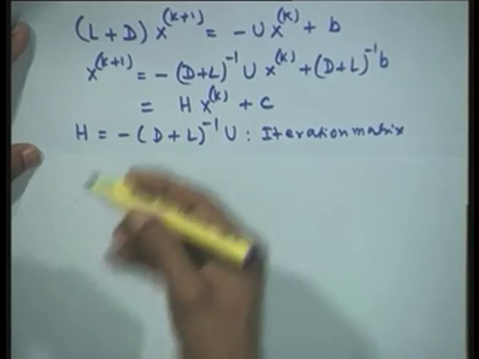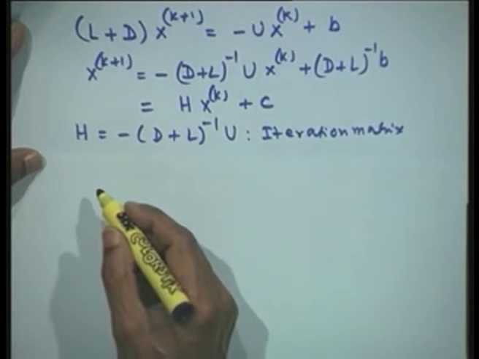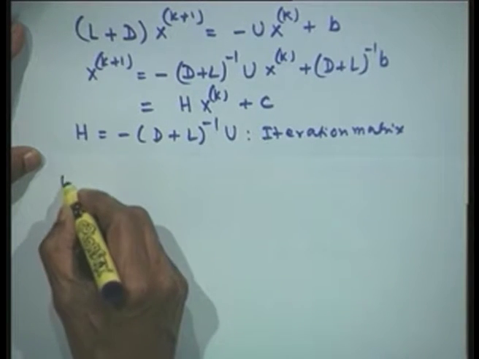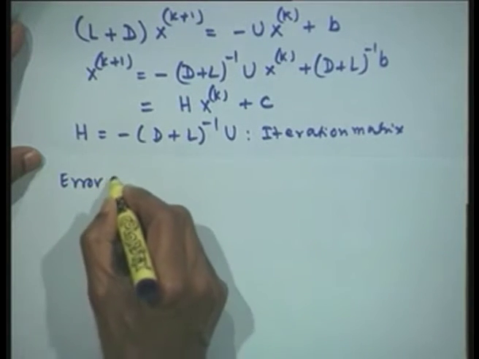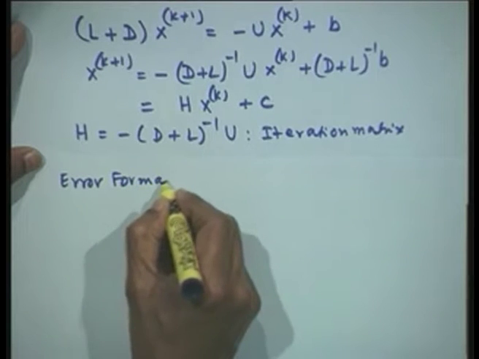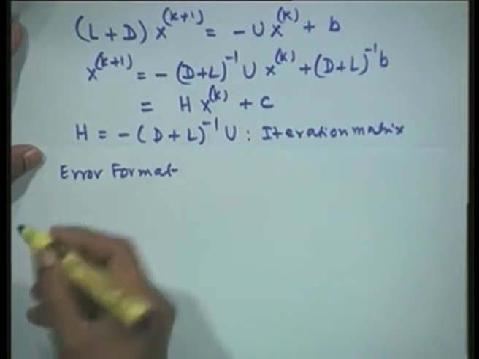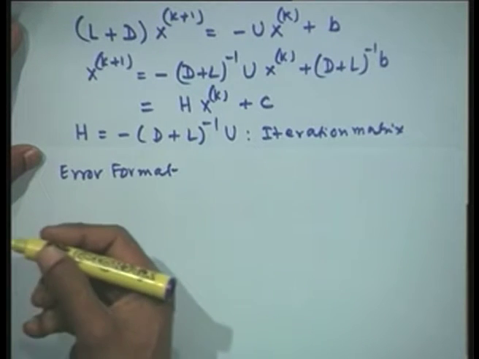the methods. So, just as we have done for the Jacobi, let us also do for the Gauss-Seidel also. Let us call this as the error format of this system of equations. I will do the same manipulation that we have done for the previous method.